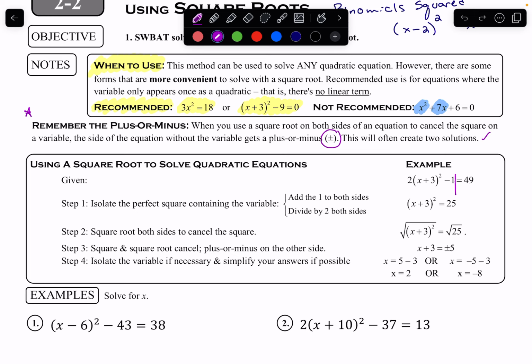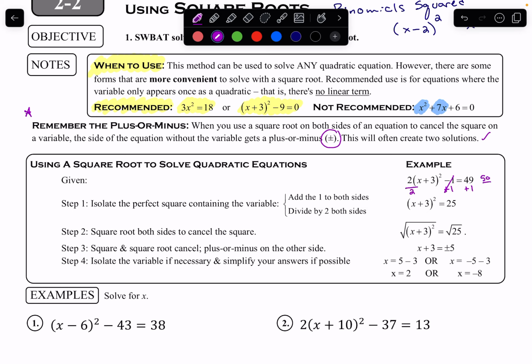All right. Now, the first thing that we want to do is add, and it doesn't show this on the example. I'll show this step by step below. But if you want to add this to the example, the first thing it does is it adds 1 to both sides, and that makes the right side 50, and that makes this go away. And then it divides both sides by 2 to get rid of this 2 that's in front of the parentheses.